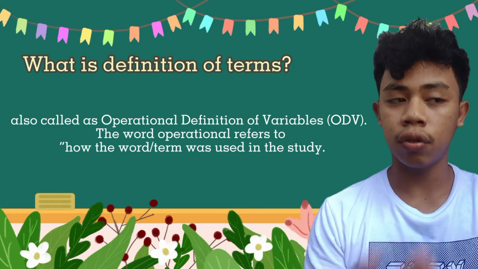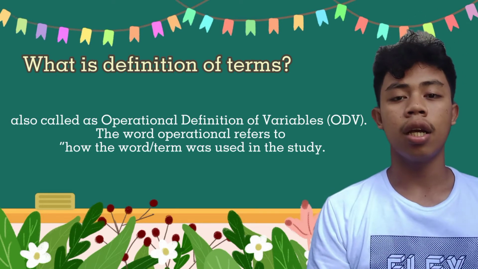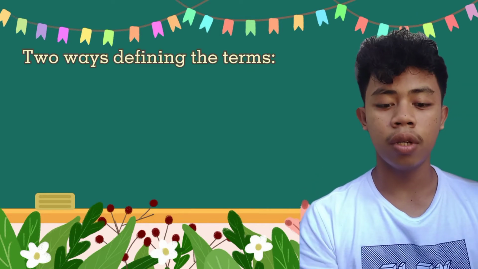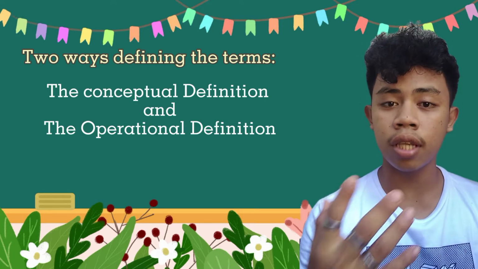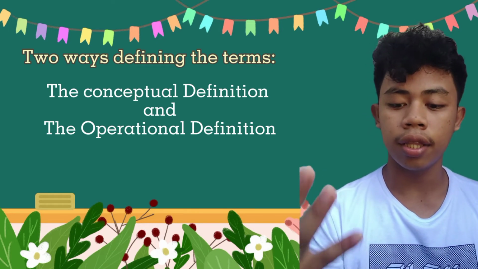The word operational refers to how the term was used in the study. At the same time, the variables are the elements essential to the study. Now, there are two ways of defining the terms, the conceptual and operational definition.